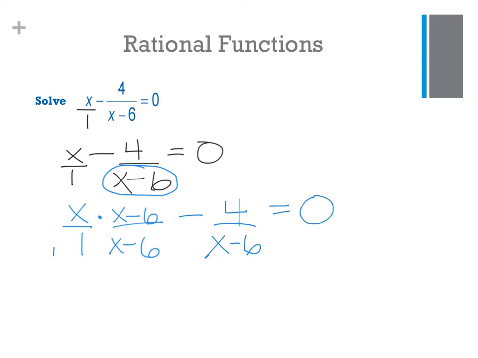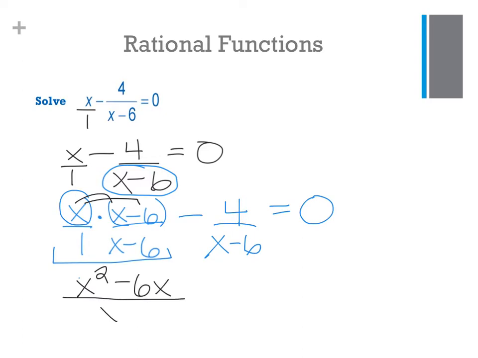And when I multiply the first fraction by x minus 6 on top and bottom, on top I'm going to multiply x by x minus 6, which means I need to use the distributive property. So I get x squared minus 6x all over x minus 6 minus 4 over x minus 6 equals 0.